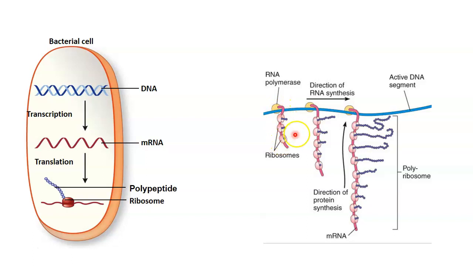And these little purple dots coming off are all the amino acids that are being put together. So we've got polyribosomes, multiple ribosomes attached and doing their job all simultaneously, even before transcription is finished. So we can have transcription and translation happening at the same time. Very, very efficient.